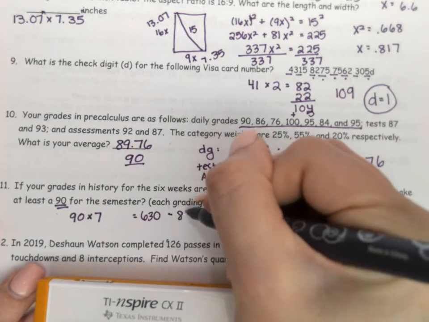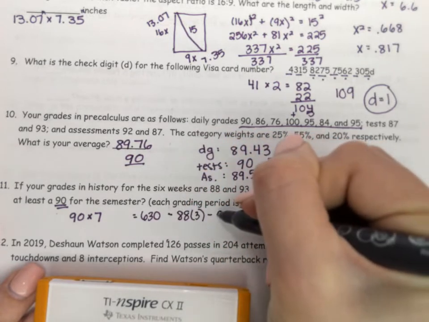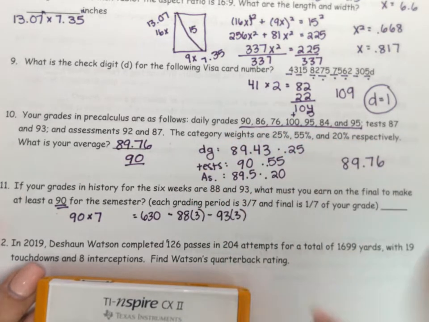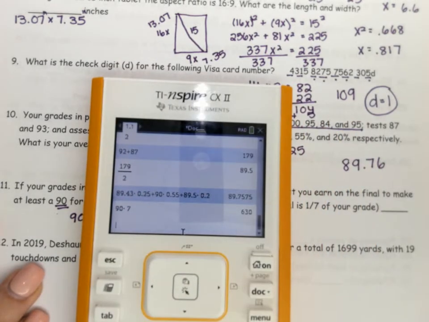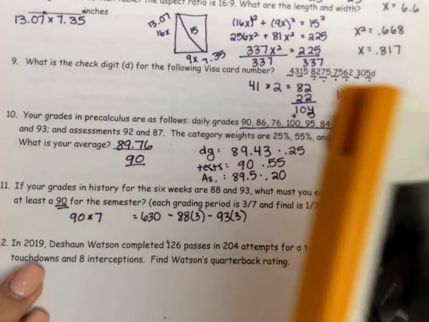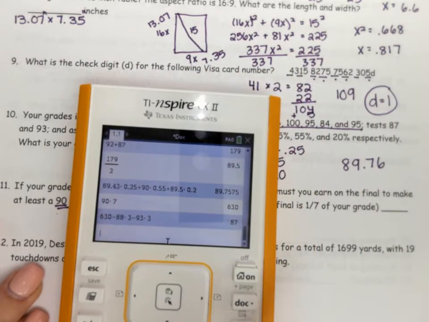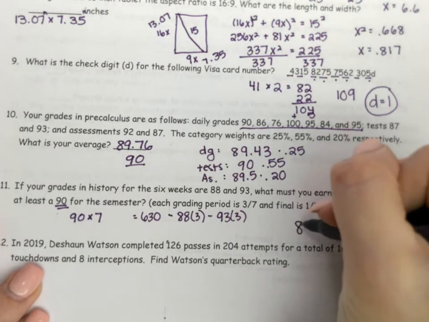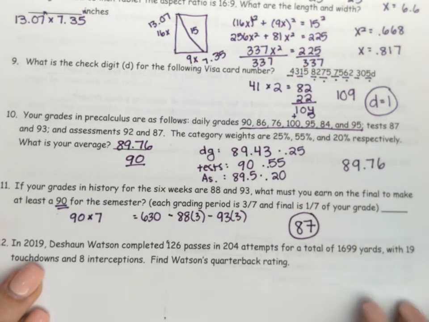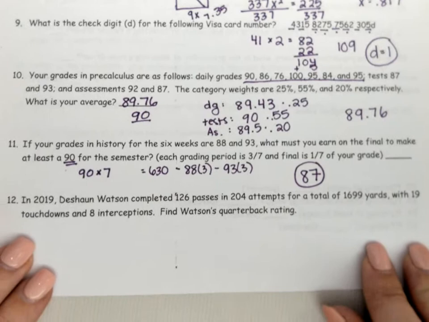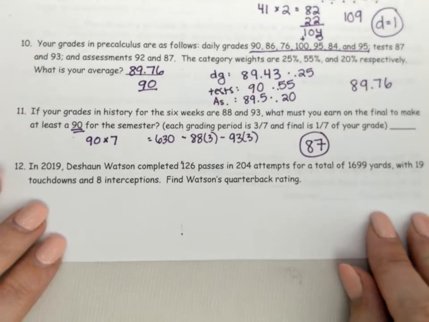So minus 88 times 3 minus 93 times 3. That gives 87. So to keep a 90 for semester average, you earn an 87 on the final.